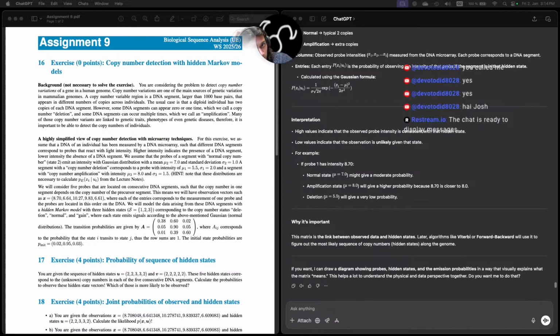Do I have the multiple? No. I got pairwise alignment. Scoring. Do I have scoring?